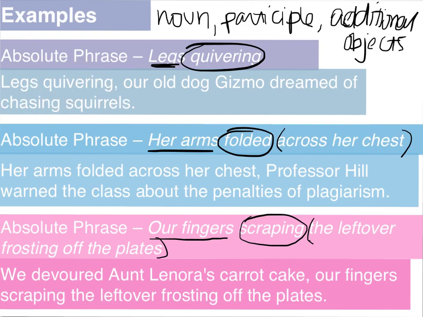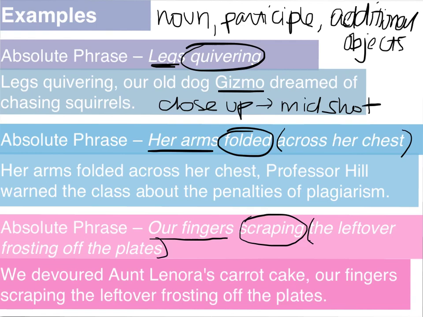This comes back to providing a very close-up shot and moving out to a mid-shot of Gizmo here, dreaming about chasing squirrels. So you see how instead of just talking about Gizmo using adjectives, the absolute phrase helps to draw a better picture of what is happening.